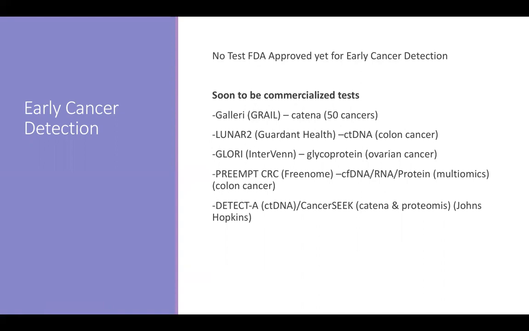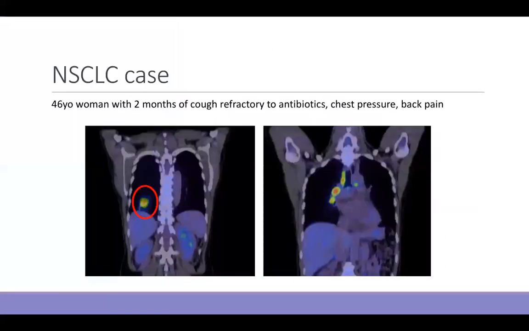And their prior version to CancerSEEK is called DETECT-A, and there have been some publications. But in my mind, all of these are just selected versions of soon-to-be-available commercial early detection assays, but they will require larger population study validation. So stay tuned.